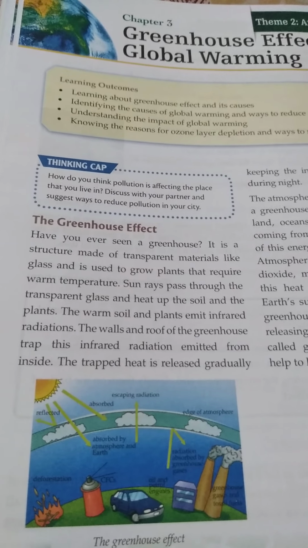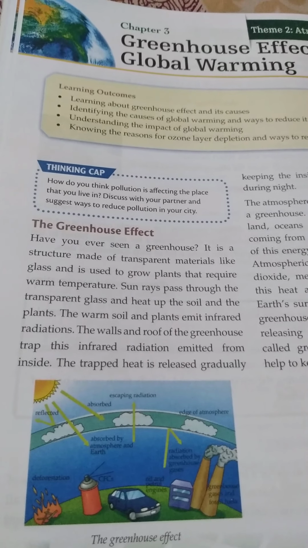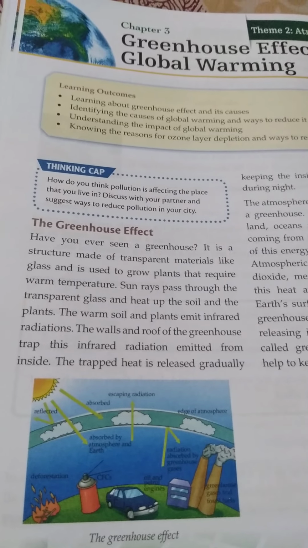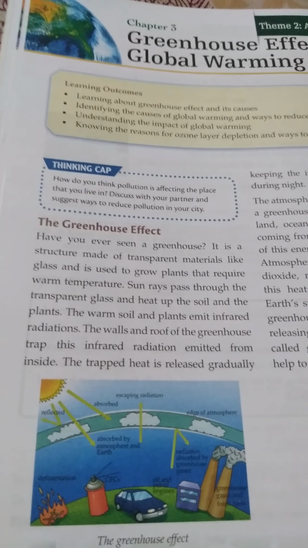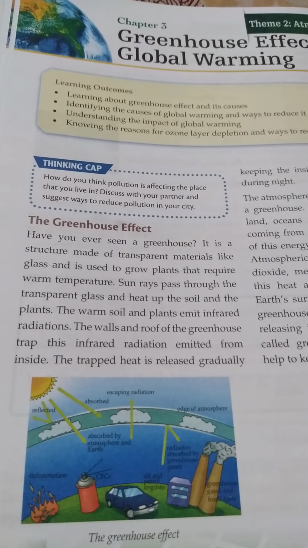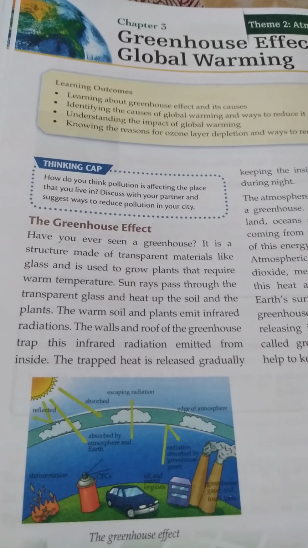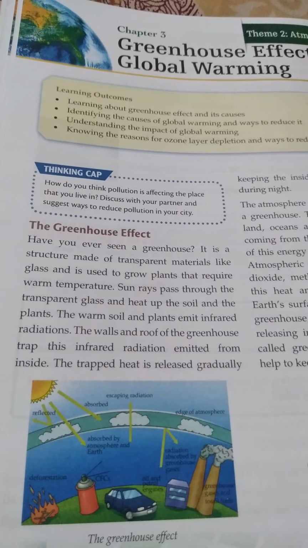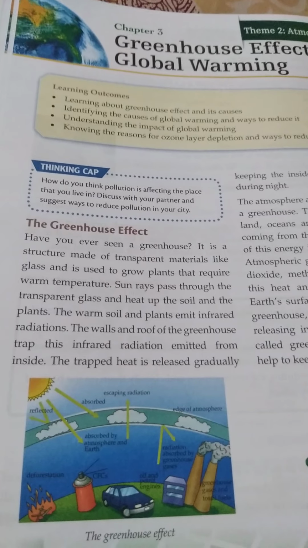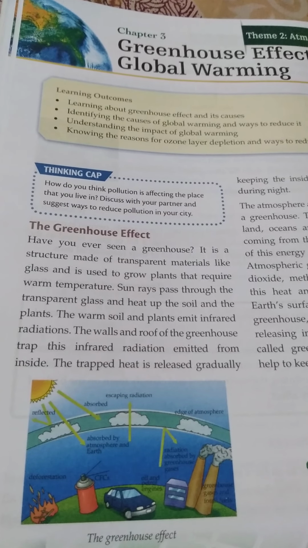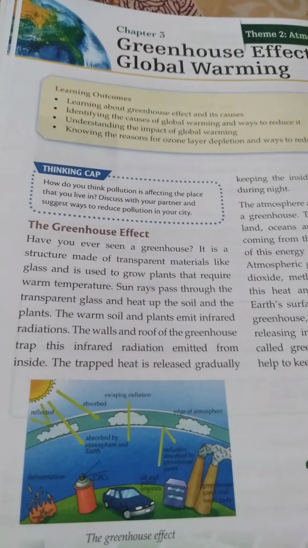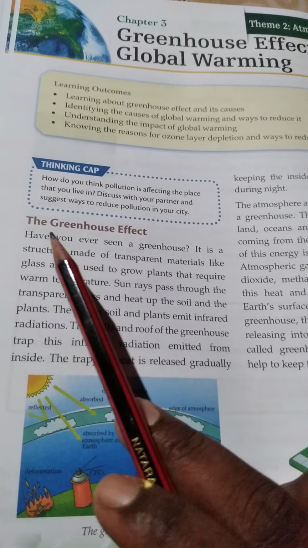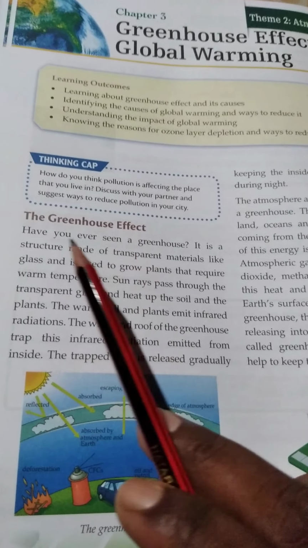And today, we see that global warming is taking place all through the world, and we could see there are ups and downs in the temperature, in the environment, in the atmosphere. So let us see how much the greenhouse is supporting to maintain the temperature of the earth. We will begin with the first topic, that is the greenhouse effect.